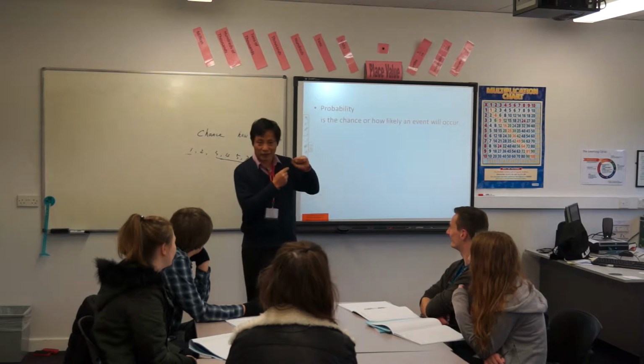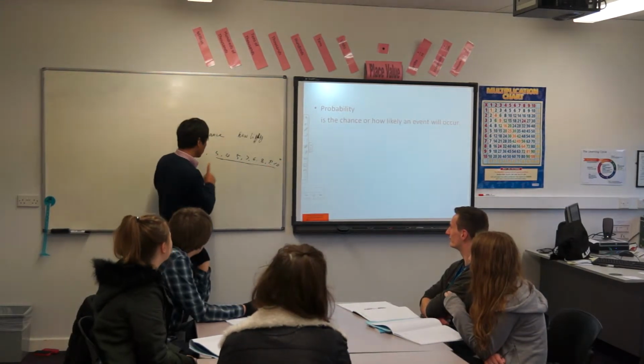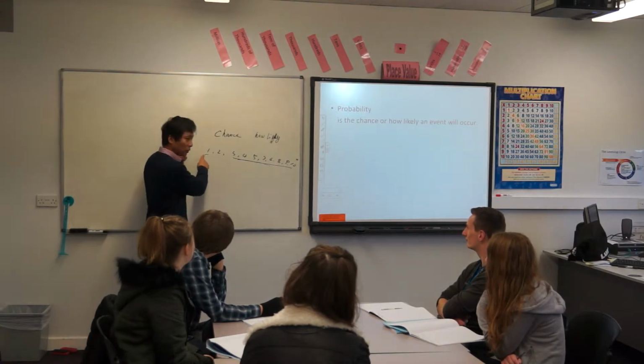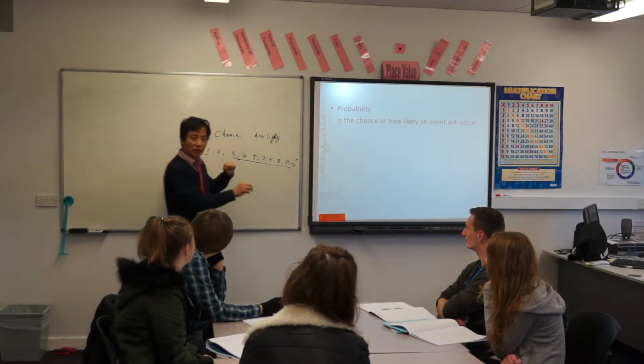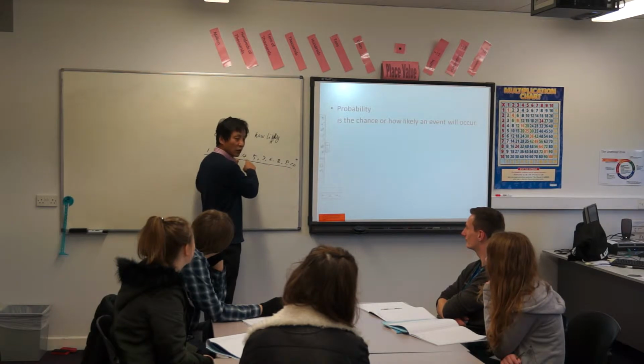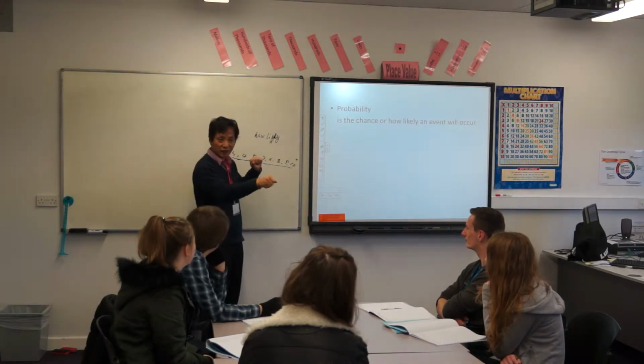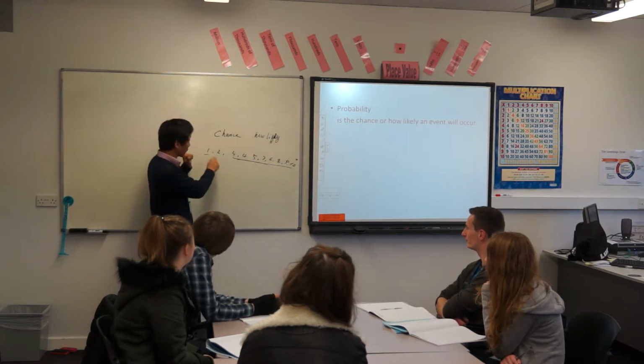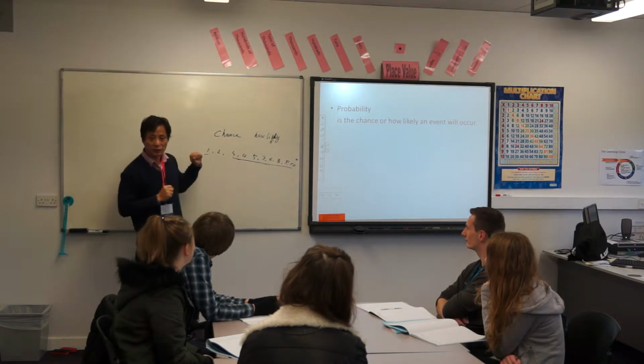Like in this example, there are two events. One event is the number is smaller than or equal to 2. Another event is the number is greater than 2. There's more chance that the number is greater than 2, and less chance the number is smaller than 2.